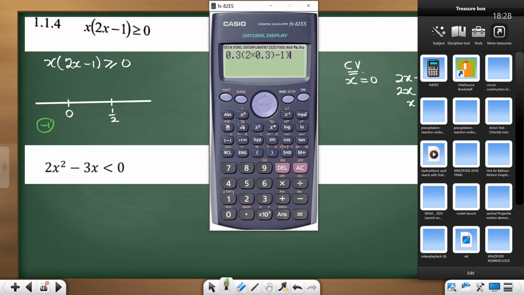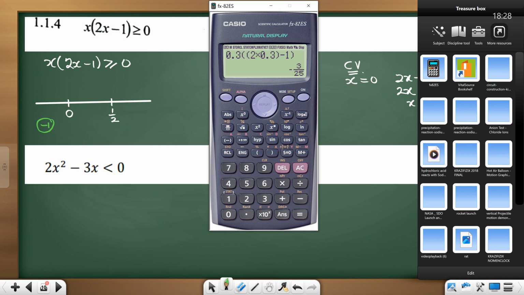I can tell you we are going to get a negative. Syntax error. Do I have a bracket that I didn't close? There. Check. My answer is a negative. I chose a number between 0 and half.